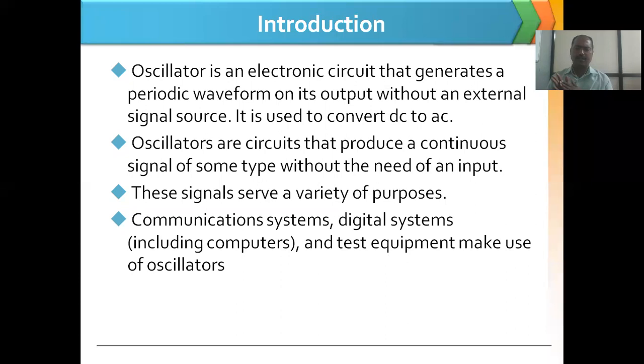Then test equipment also makes use of oscillators. If the call related to your network is not connected, the network engineers have to check the quality of the signal coming, and for that checking of quality we use the oscillator. The oscillator is used in applications all over the world for high frequency.